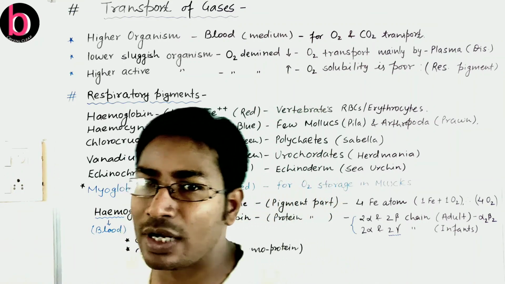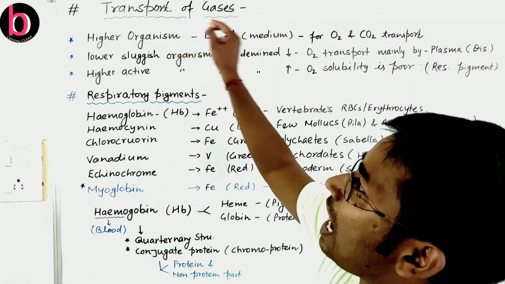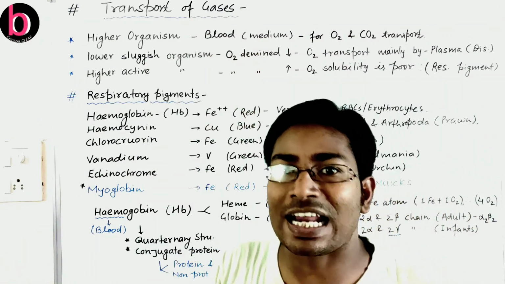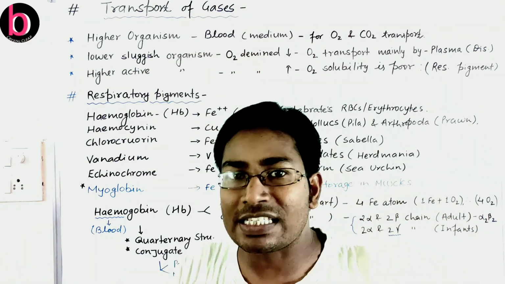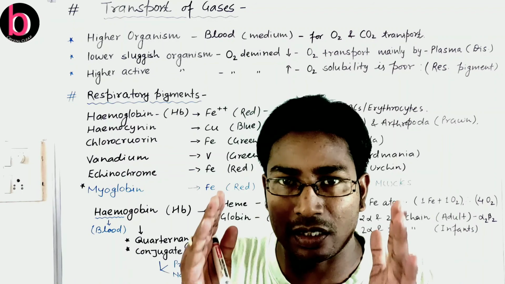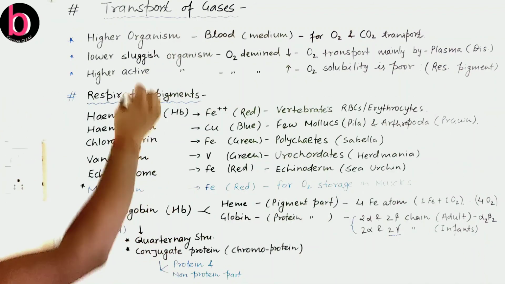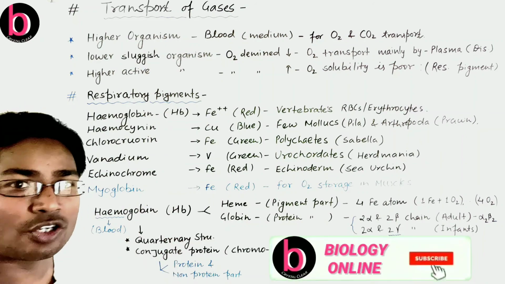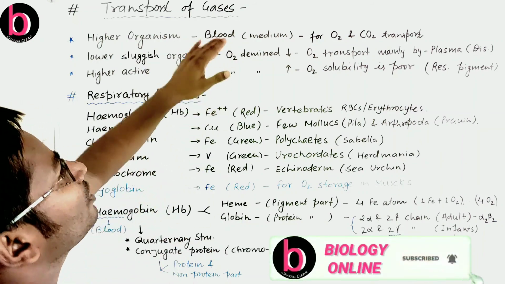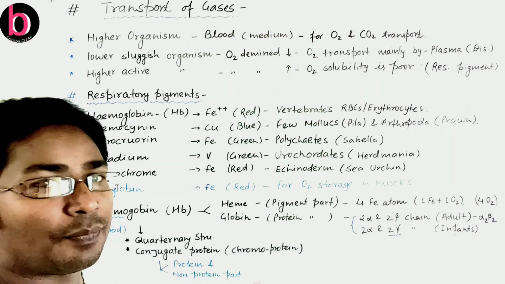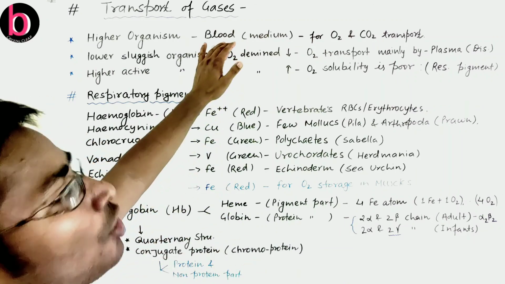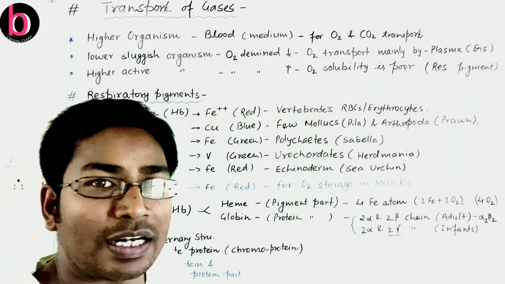Now in this video lecture we will discuss how these gases, oxygen and carbon dioxide, are transported in our body. In higher organisms, like human beings, blood functions as a medium for transportation of oxygen and carbon dioxide.